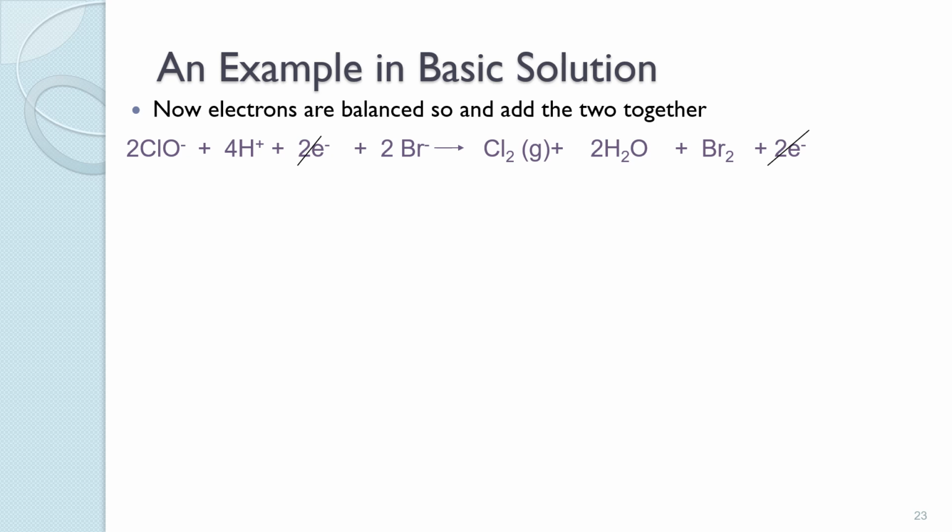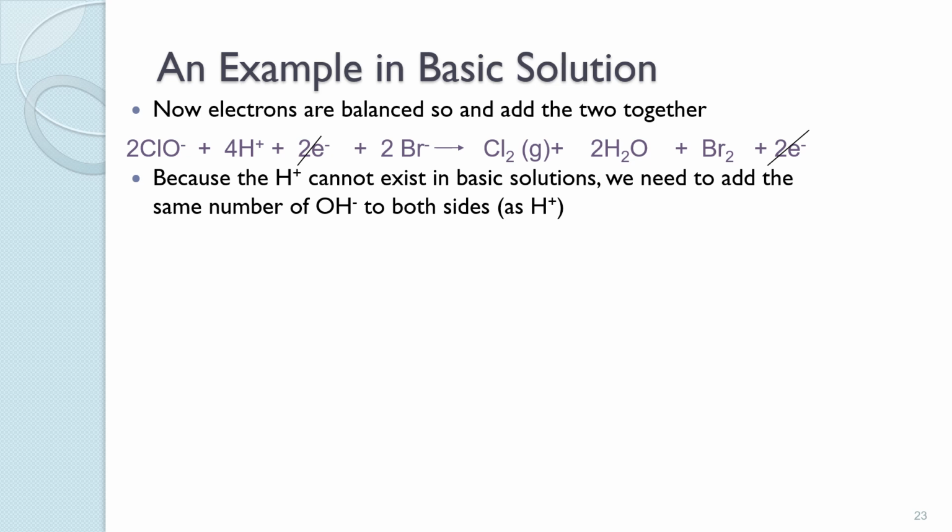Make sure you simplify it as much as possible. But in this case, because I have 4 H pluses on the left, I have to add 4 OH negative on the left. If I only add them to the left, it will throw me off balance, so I'm also going to add them to the right.